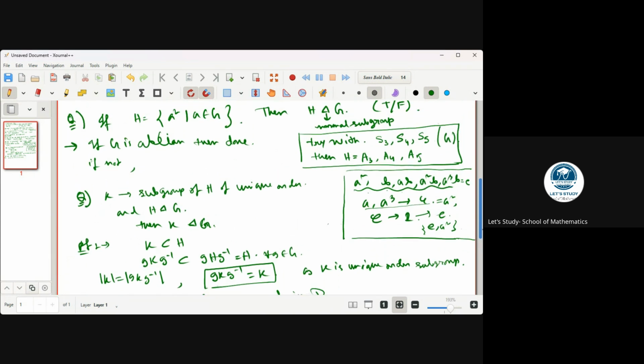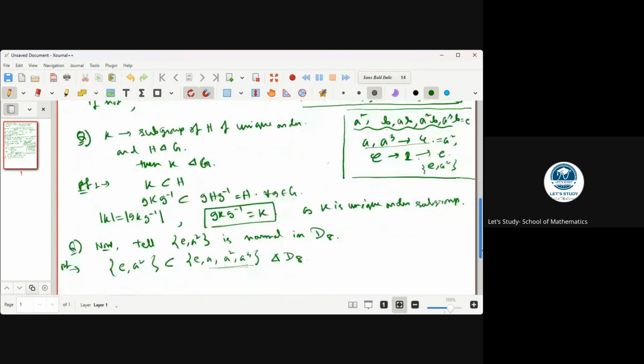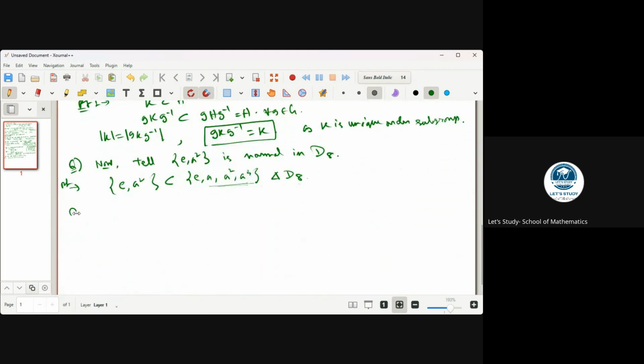Okay, now come to our main question. H equal to A square, A belongs to G. When G is non-abelian, what will be that case?